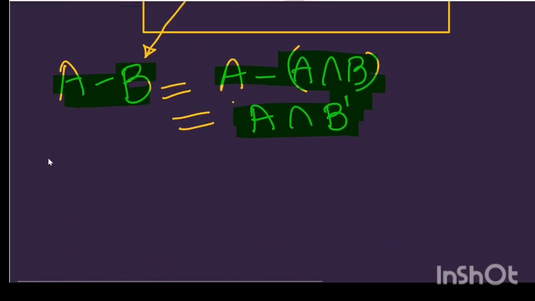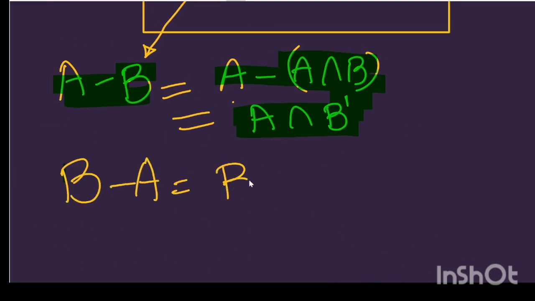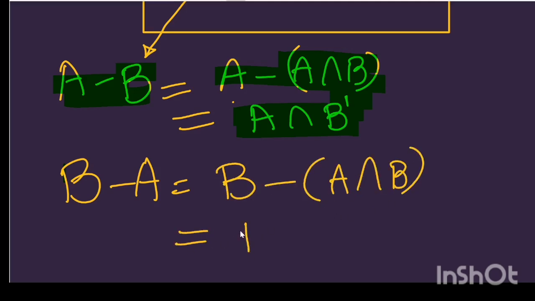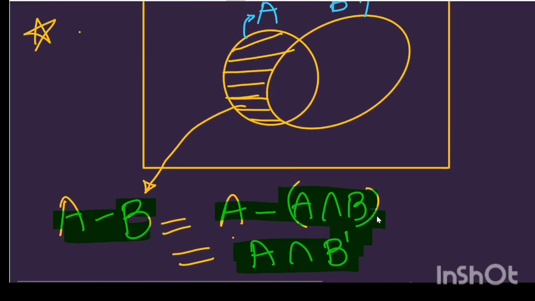Okay, so in a similar way, if we define what is B minus A, so B minus A would be what, guys? It is B minus A intersection B, and it is B intersection of A dash, guys. So area should be what, guys? Yes, this is the area B minus A, guys.